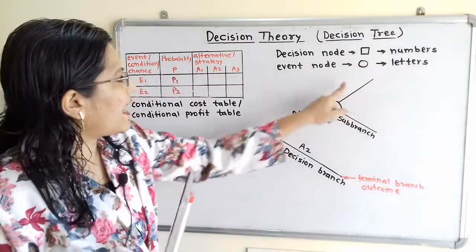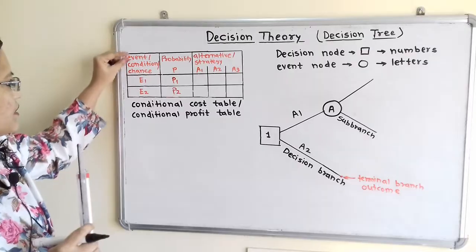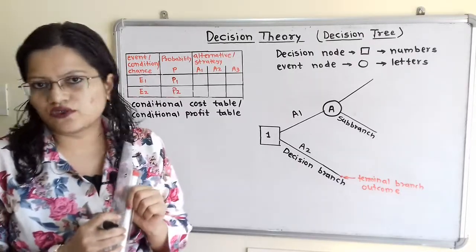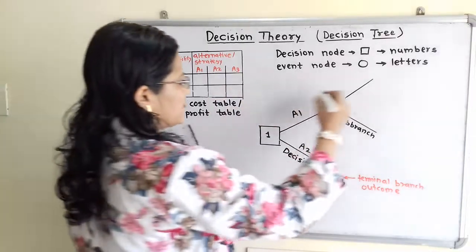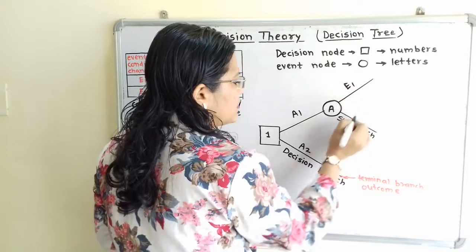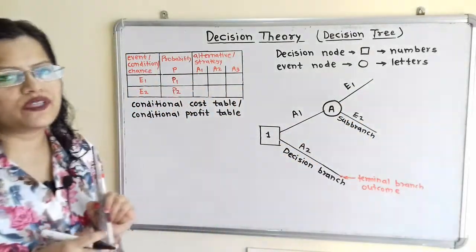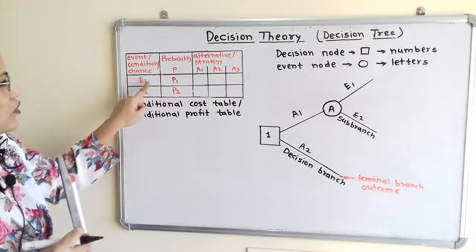From this branch we have to mention here the events. So here the events are given, that is we can say events or conditions or the chances of occurrence. So these events will be event E1 and event E2. So this sub branch we have to show with probabilities, that is what is the probabilities of occurrence of these events.